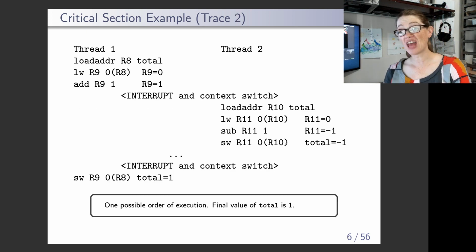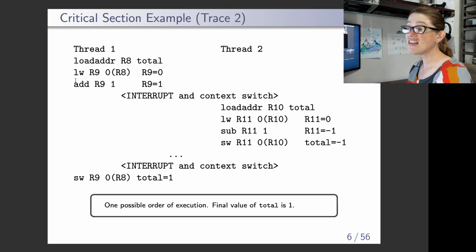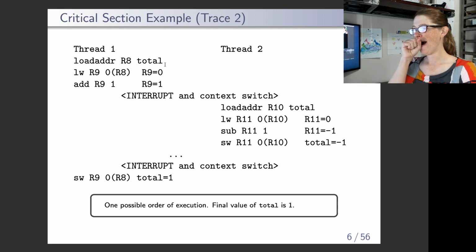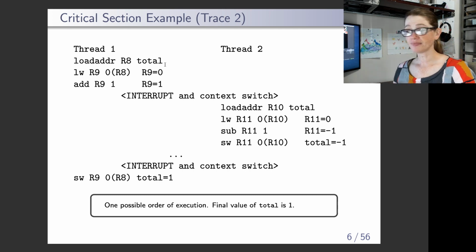Because this is what could happen. We could have the interrupt happen immediately after adding 1 to the value in register 9, which is where total's current value actually is. But of course, thread 2 is completely unaware that the current value of total is stored in register 9.